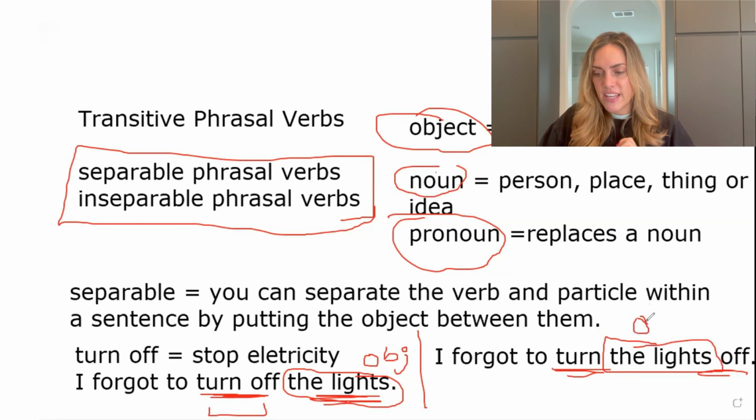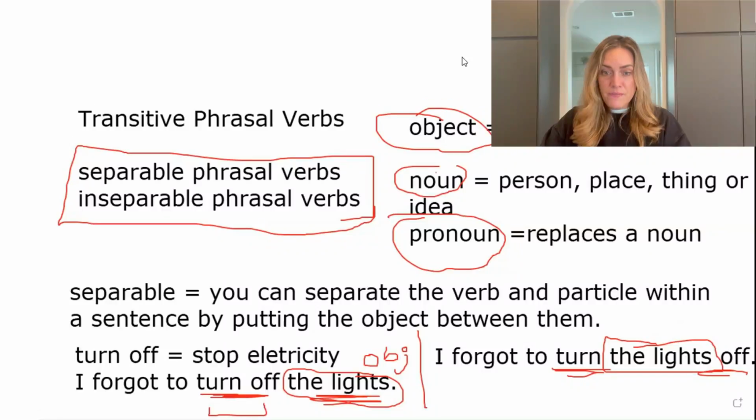The object. It can only ever be an object that separates a verb and a particle. So in this case, I say the verb turn off is a separable phrasal verb. That means you can separate it with the object.